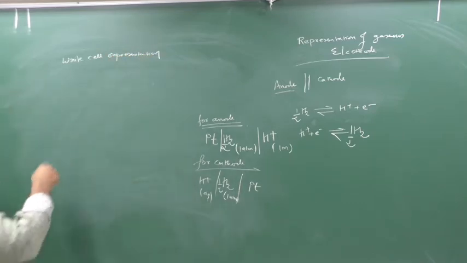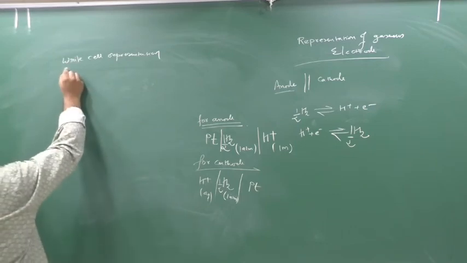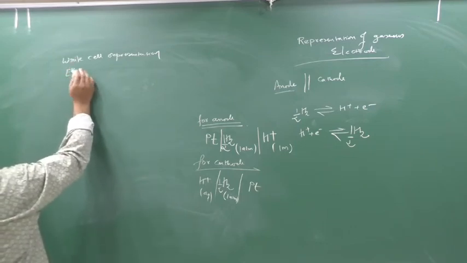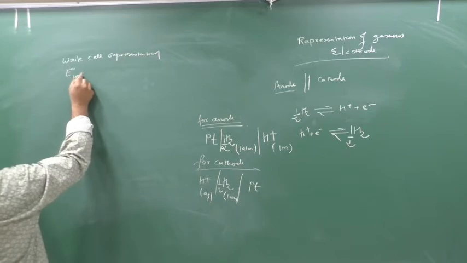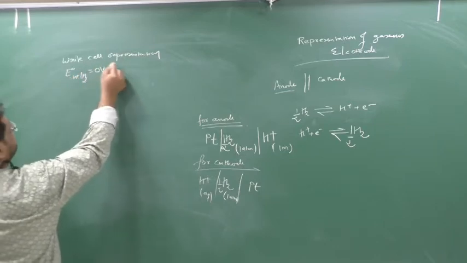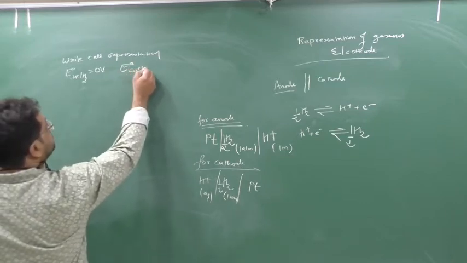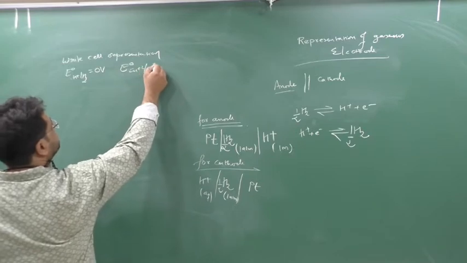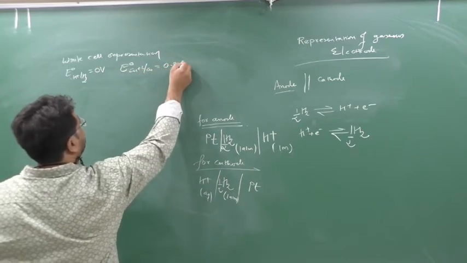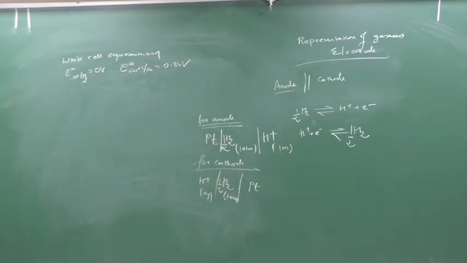Write a cell representation. E0 of H plus H2 equal to 0 volt. E0 of Cu plus 2 Cu equal to 0.34 volt, say copper is the example. This is the question they have given, suppose.